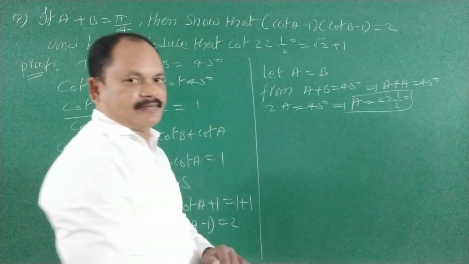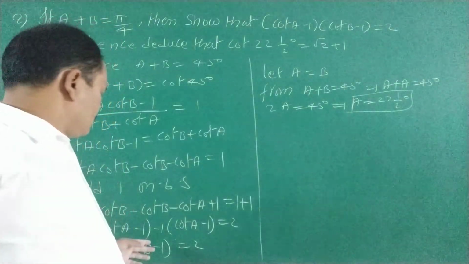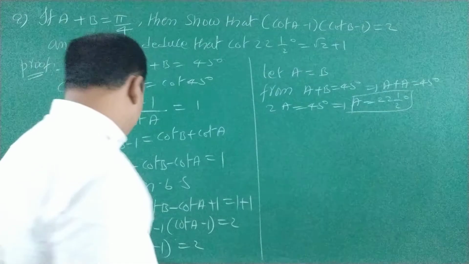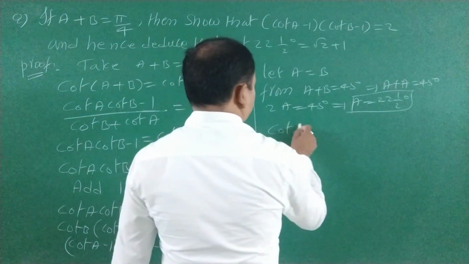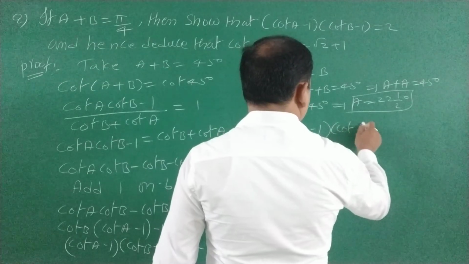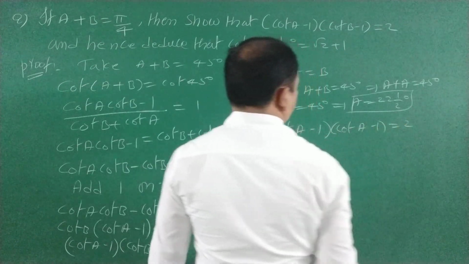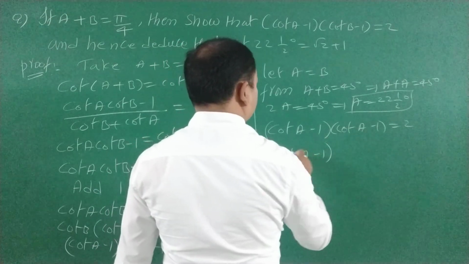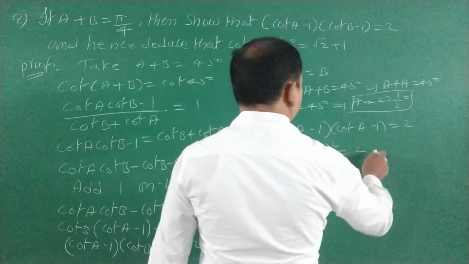That's all. Now, in place of b, we have to substitute a from this. That is cot a minus 1 into cot a minus 1 is equal to 2. So that is cot a minus 1 whole square is equal to 2.